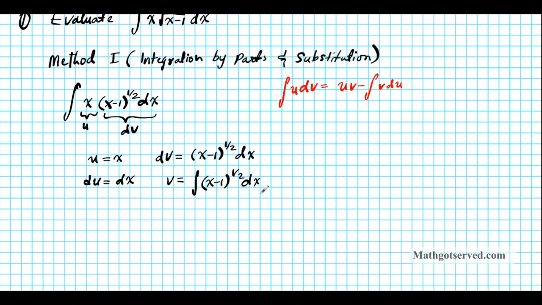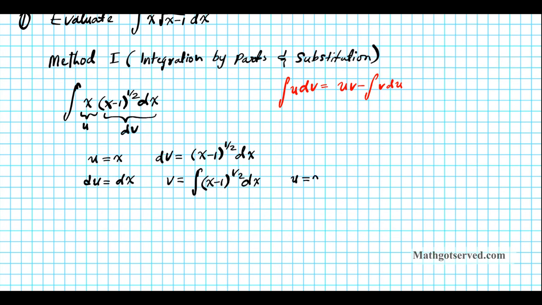How do we integrate this expression? To integrate this, we can use u-substitution. How do I know to use u-substitution? Because if you differentiate the inner function of this composite function right here, you end up with a multiple of the other function, which is 1 dx. That's a telltale sign to use integration by substitution.